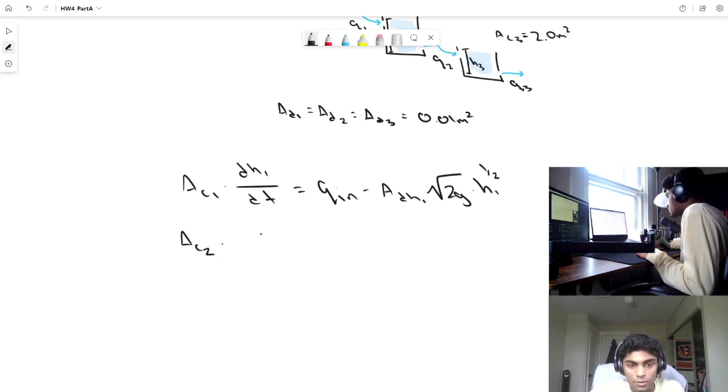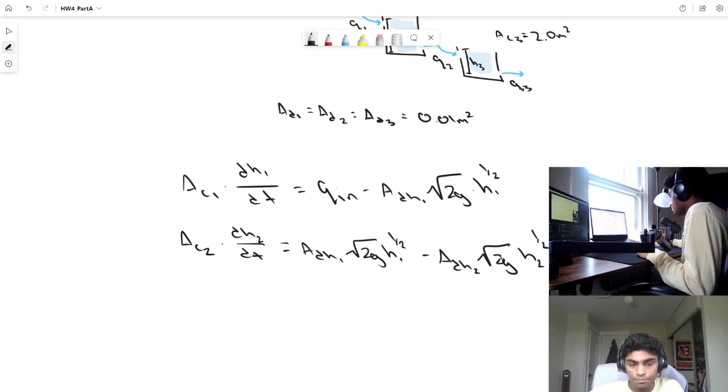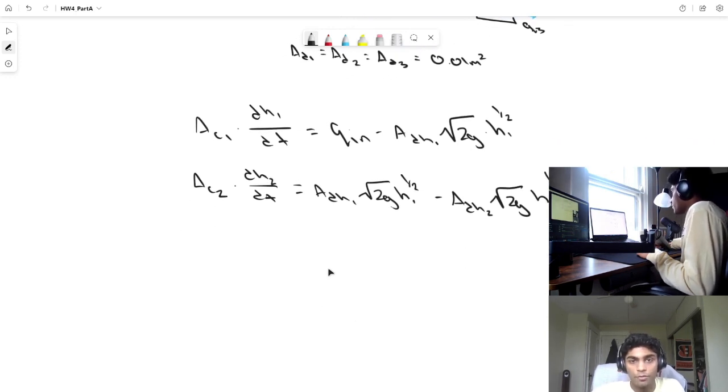So we have AC2 times dH2 over dt is going to be equal to, now our flow in is going to be this velocity here. I'm just going to rewrite that. And we're going to do the same thing for the second drainage hole, and for the third one.